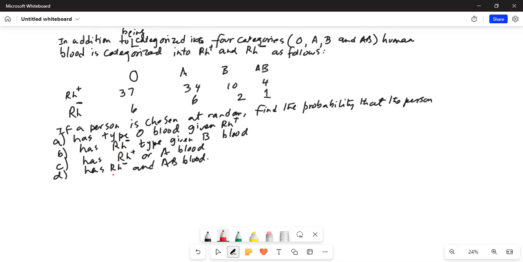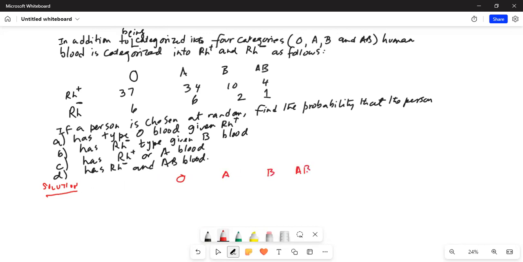Okay. So you have the four types O, A, B, and AB in the four columns, and you have the two types Rh plus and Rh minus, Rh plus in the first row, Rh minus in the second row. So I will reproduce the table here. First I have O, A, B, and AB.